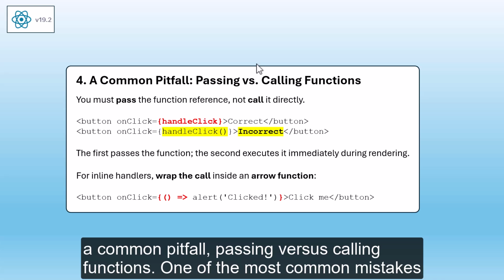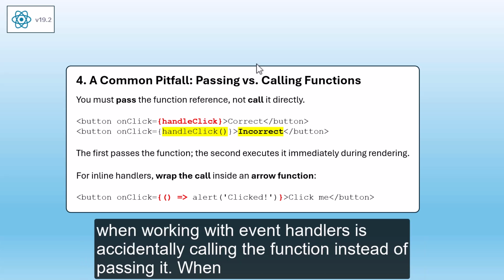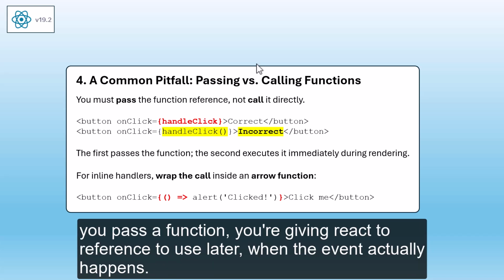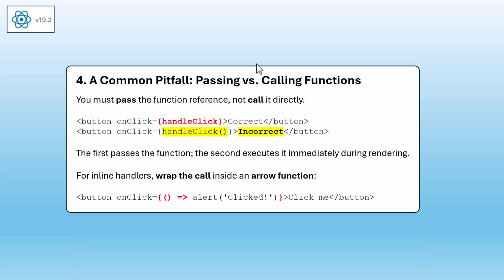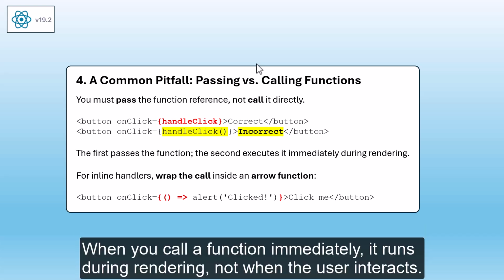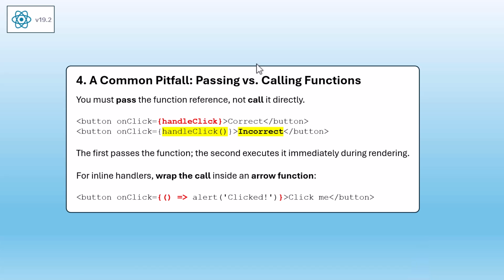4. A common pitfall: passing versus calling functions. One of the most common mistakes when working with event handlers is accidentally calling the function instead of passing it. When you pass a function, you're giving React a reference to use later, when the event actually happens. When you call a function immediately, it runs during rendering, not when the user interacts.